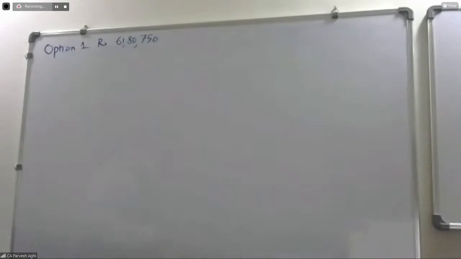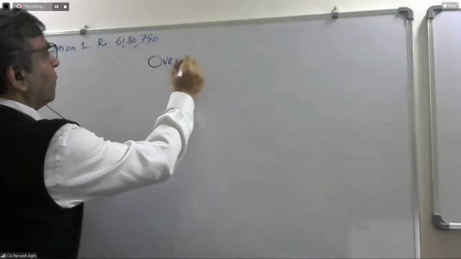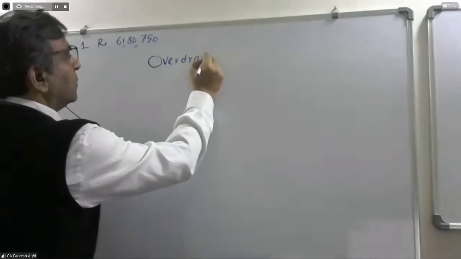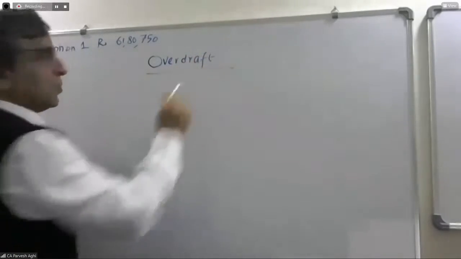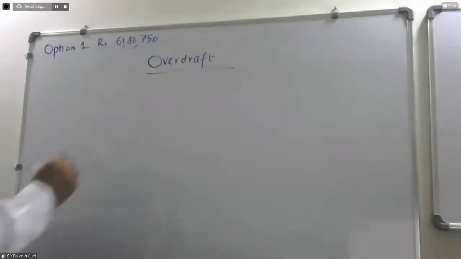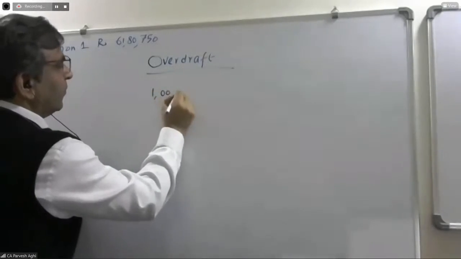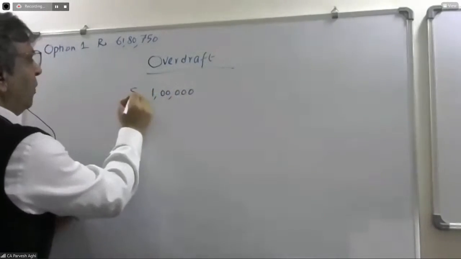So let's go to option number 2 now, where he goes for an overdraft, which means he is going to pay immediately. We know it is $1 lakh he is supposed to pay.